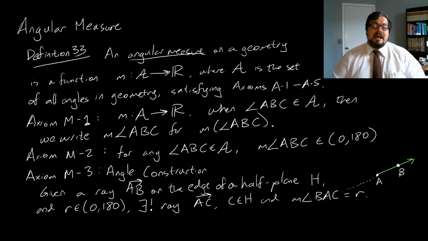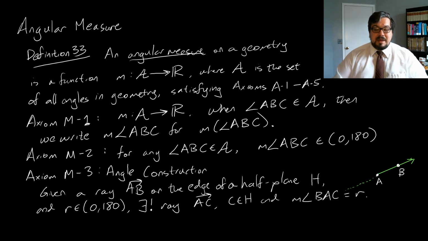Now, this ray actually sits on the edge of many half planes because there are lots of planes containing this line AB, but if we specify one of them, if we say we're looking at the half plane above this line here, and I give you any angle measure between 0 and 180, this axiom says that there does exist an angle with that measure where the other ray of the angle lies over here in H.